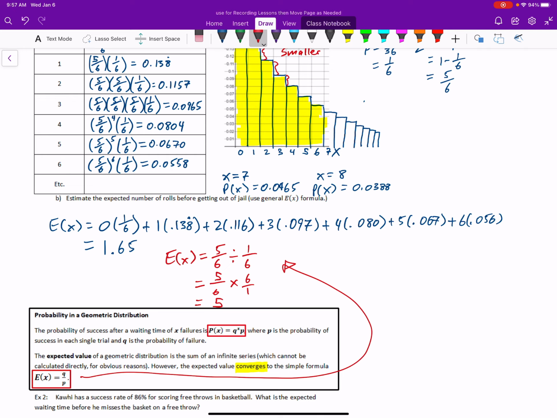Let me just double check my numbers that I did in blue here. 0.13888 plus 2 times 0.116 plus 3 times 0.097 plus 4 times 0.08 plus 5 times 0.067 plus 6 times 0.056, getting the same answer.